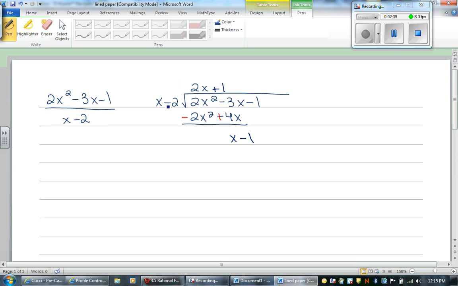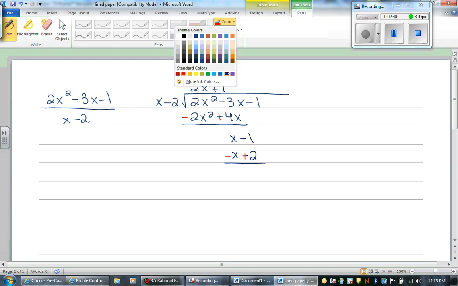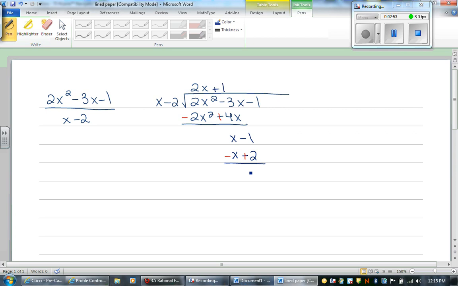Distribute that back through, x minus 2. And of course, subtract. Minus plus. And we get 1. So what this winds up being is 2x plus 1 plus 1 over x minus 2.